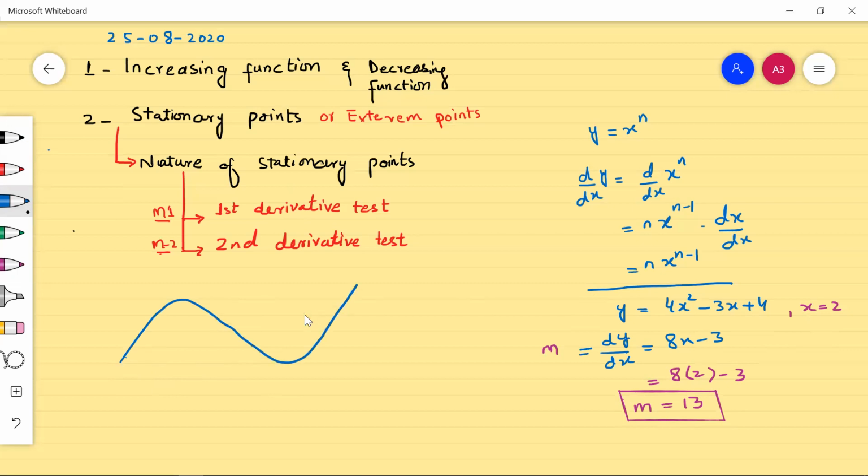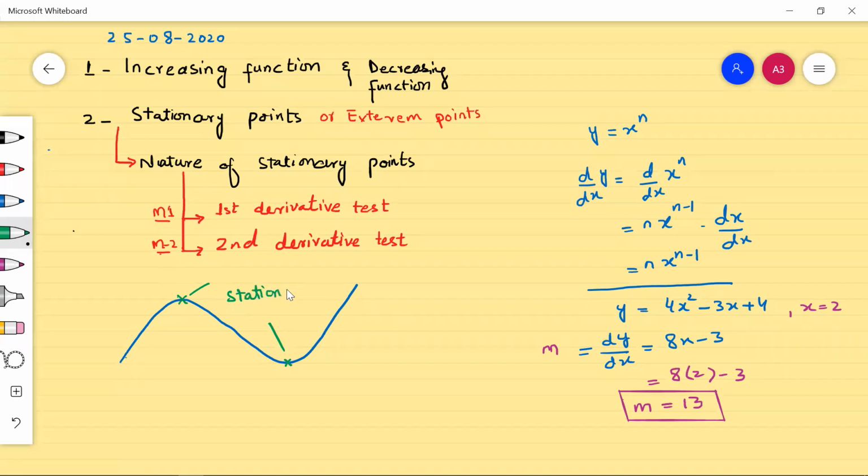If we have a curve like this, the points where the curve takes a turn, where the curve is turning to another direction, these points are called stationary points, or extreme points.